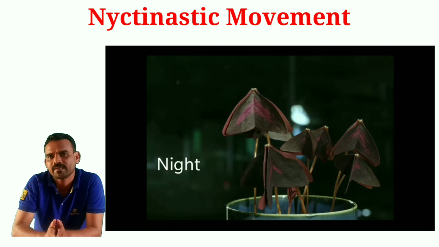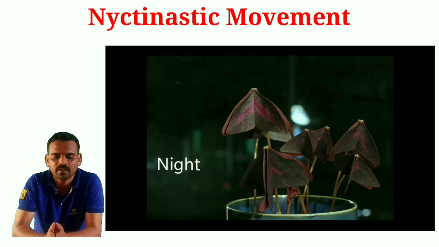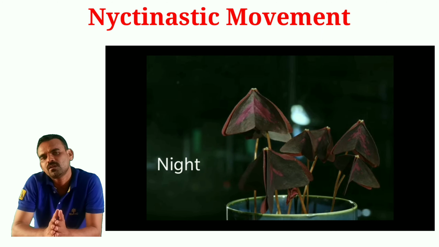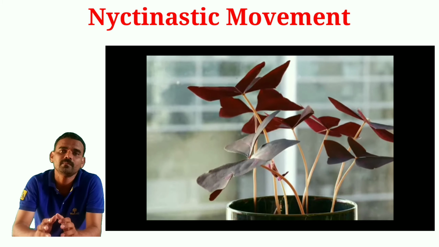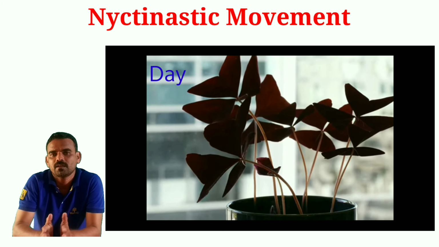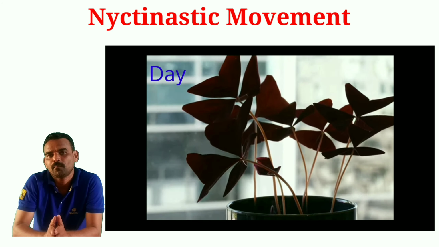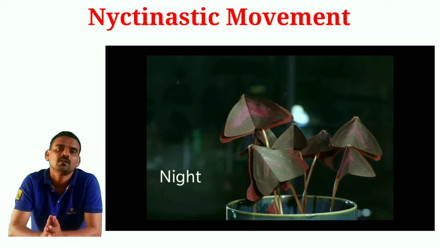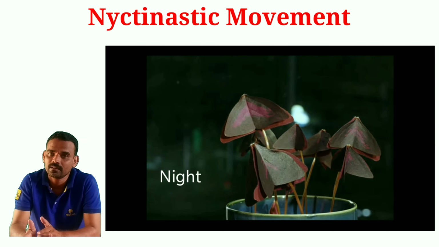In this type of movement, generally the position of organs is found different during the daytime and during the night time. The best example for that is oxalis, in which the leaflets open during the daytime and become closed during the night time. In this way, there is a change in the shape or position of the organs during the day and night time.